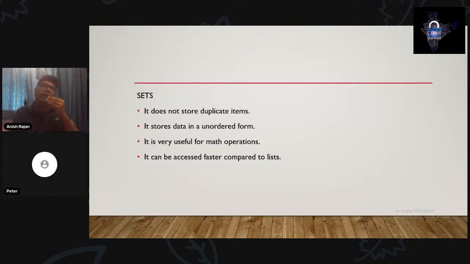It is not like the data item will go at the last position, after the second last item. It's not like that. The item can be placed anywhere. So that is why it stores data in an unordered form. And as I already said, it's useful for math operations. And the fourth point here is that its accessibility is faster compared to a list.